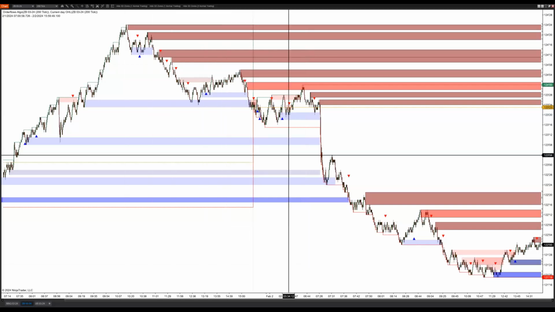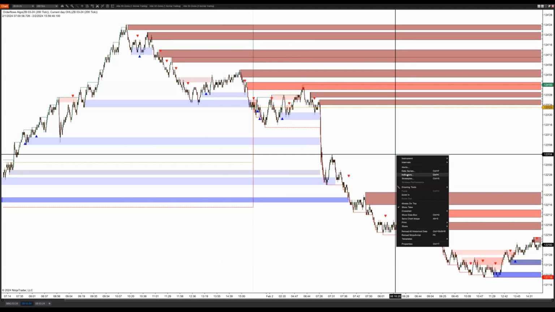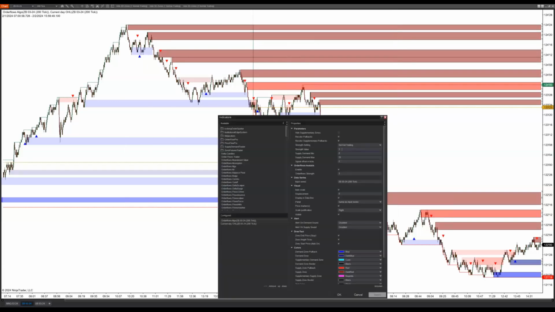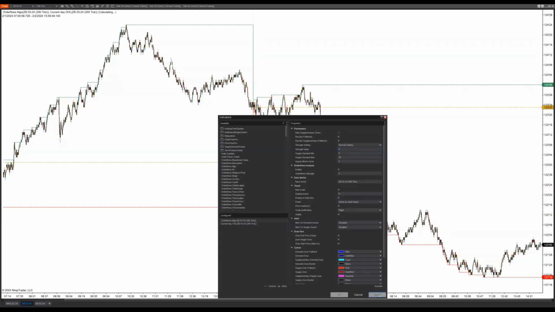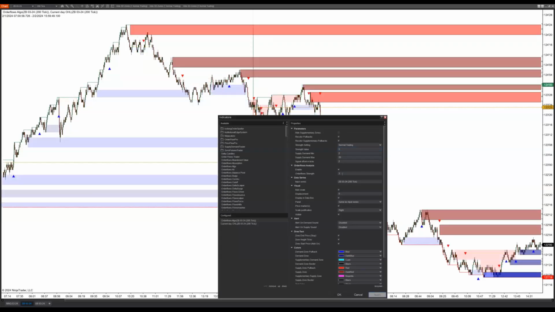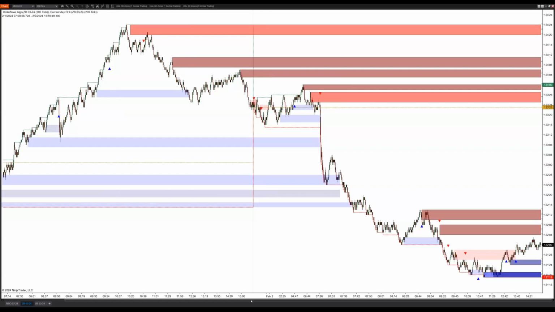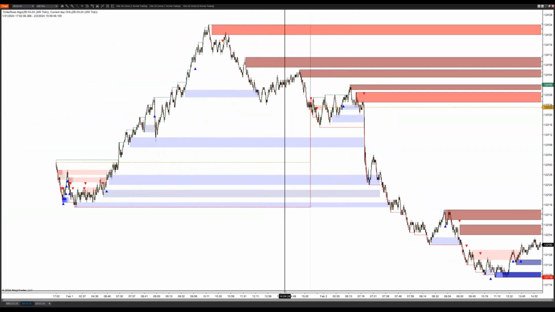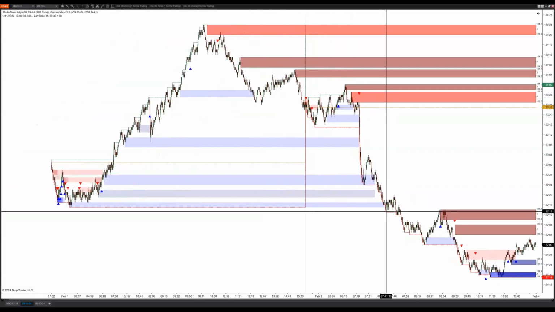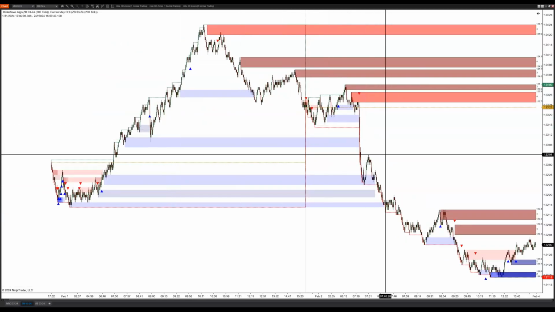So this is a setting of 3. Maybe you want to use a setting of 5. Maybe you want a stricter order flow analysis of 1. So it can vary how you want to set it up for the market that you're trading.